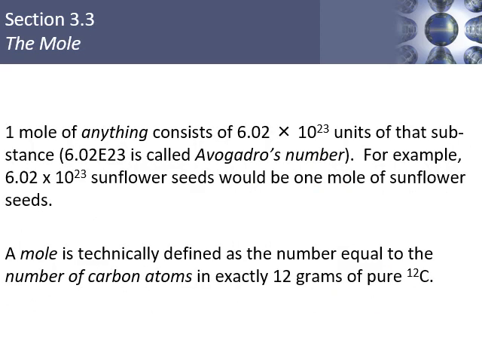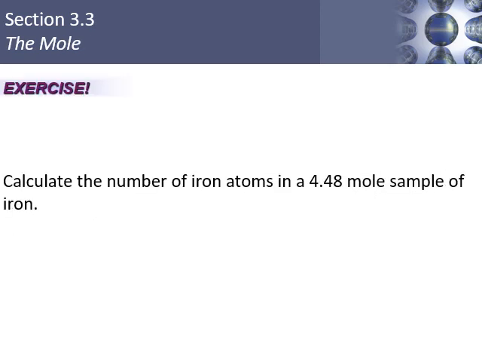Next slide. So, if you want to pause those previous slides: calculate the number of iron atoms in 4.48 moles. So we just said that 1 mole is the same thing as 6.02 times 10 to the 23rd. So if you have 4.48 moles, you would just multiply 4.48 times 6.02 times 10 to the 23rd, and that will tell you the number of atoms in that sample.